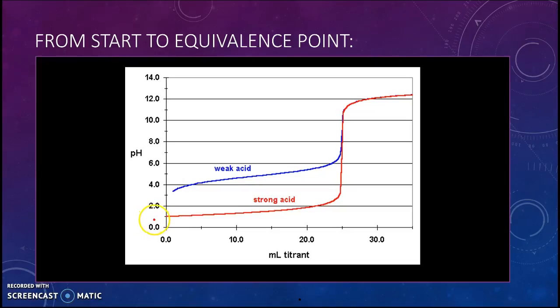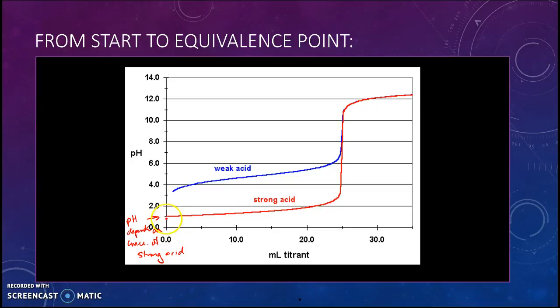At the starting point right here, and let's do the strong acid real quickly, the pH depends on the concentration of the strong acid. So if I have a 1 molar solution of HCl, the concentration of the H plus will be 1 molar. I'd have a pH of 0, and so I would be starting at 0.